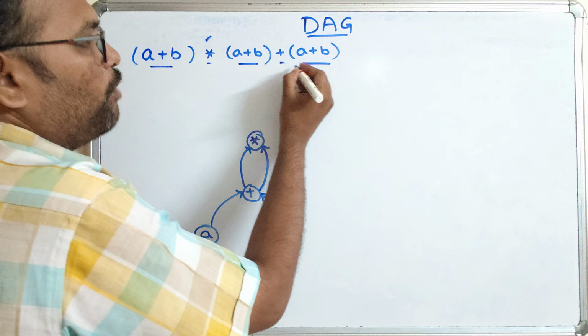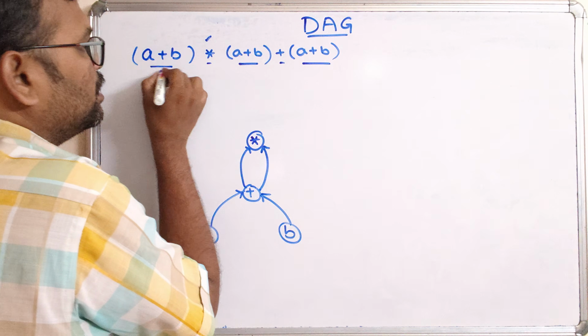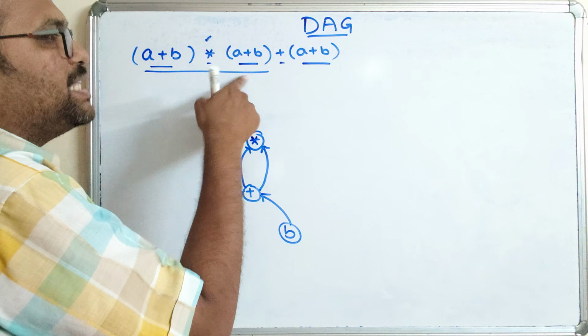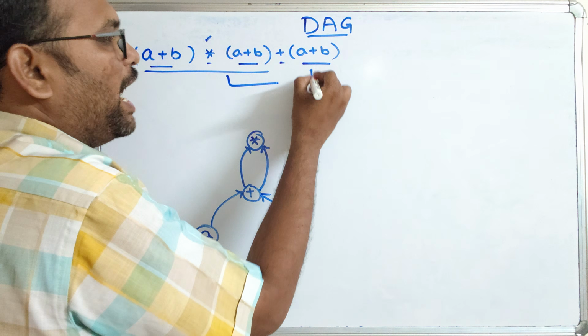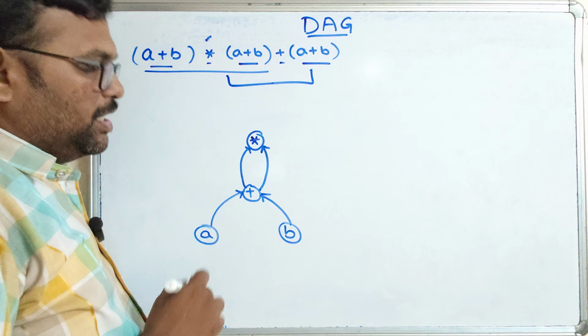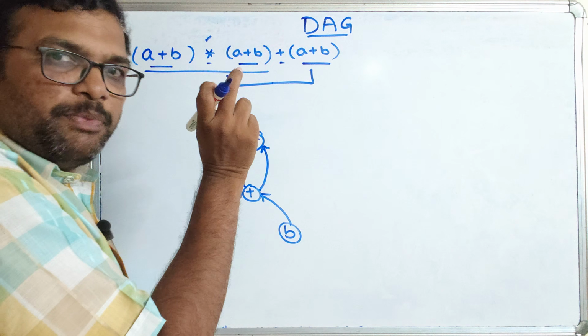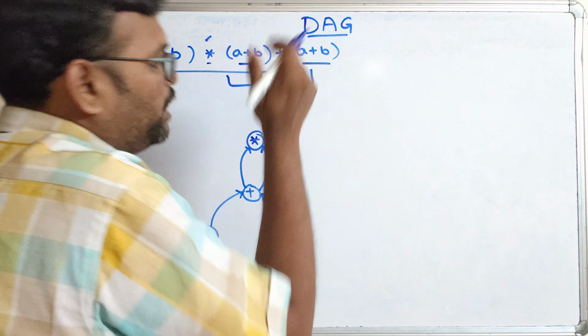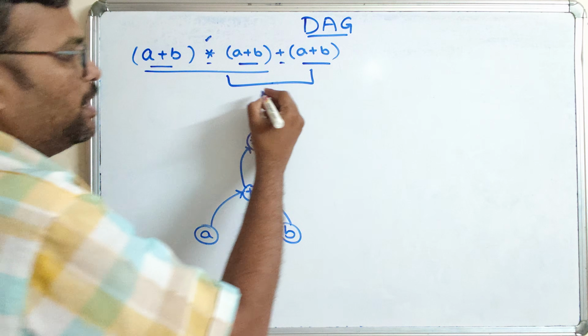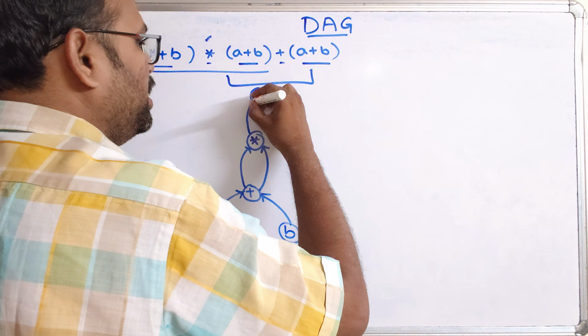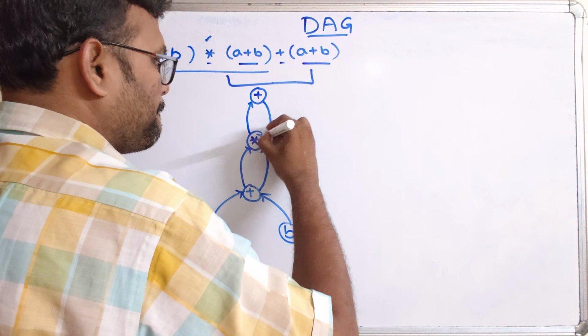So you can observe the complete result of this expression will be added with this one. The expression is a plus b into a plus b, that is one expression, and the result will be added to a plus b. So here the result is here. Once again you can use plus, and that will be applied here.